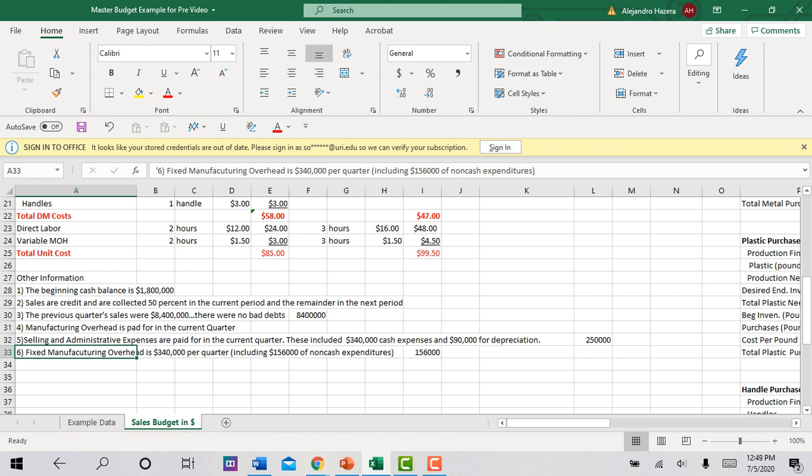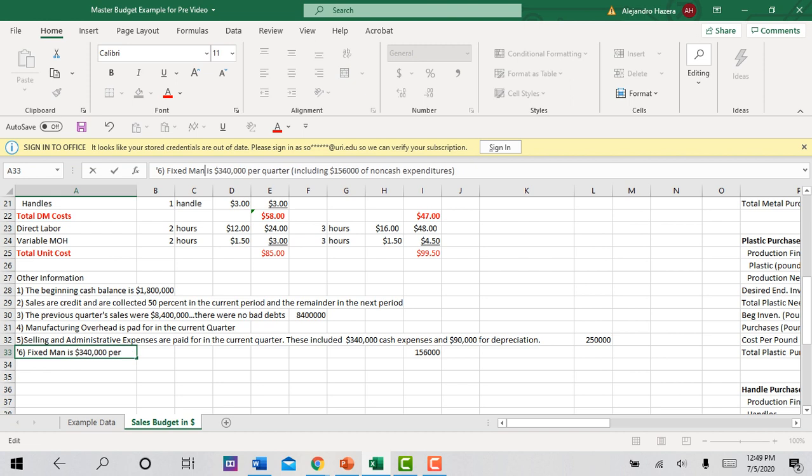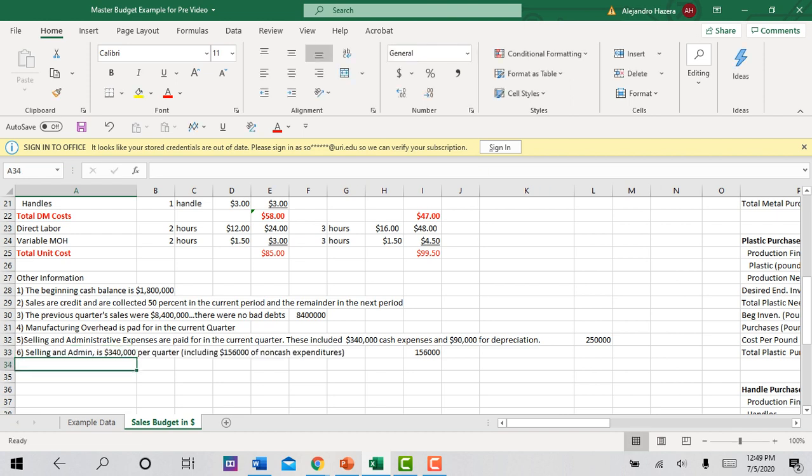This is selling and administrative. You can see from the book I made a mistake here. This is actually selling and administrative expenses, which is $340,000.